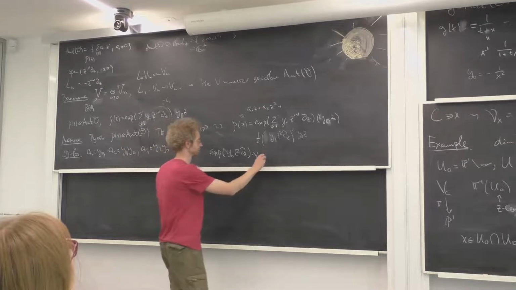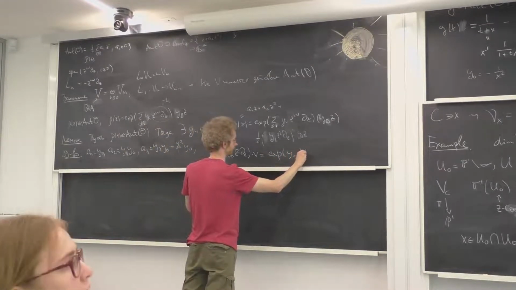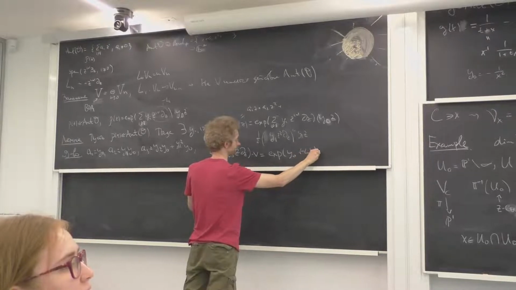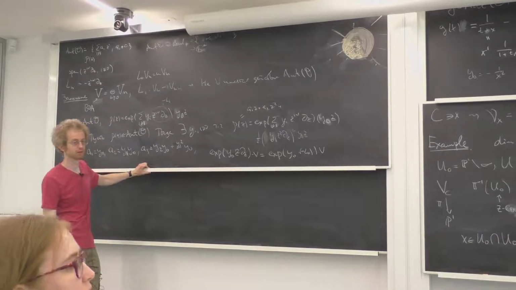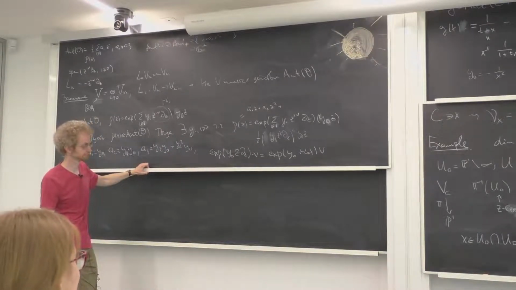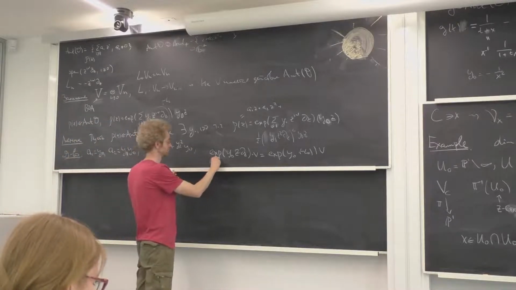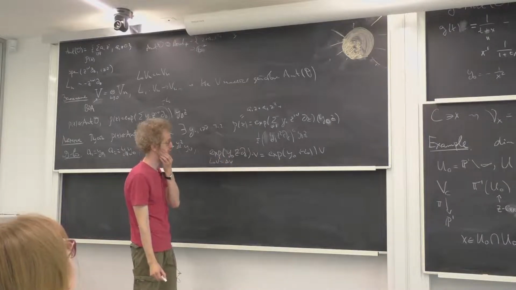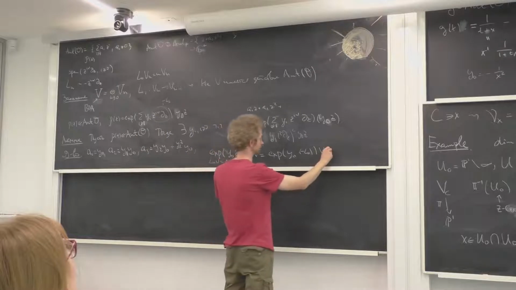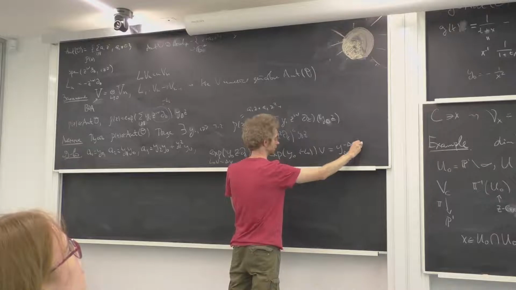Не-не-не, v это не реакция z на z. V это пространство, на котором действует группа. And we know that L0 V is delta V.